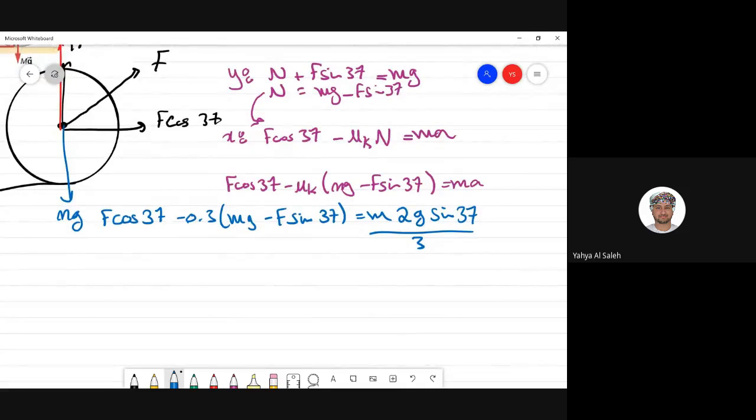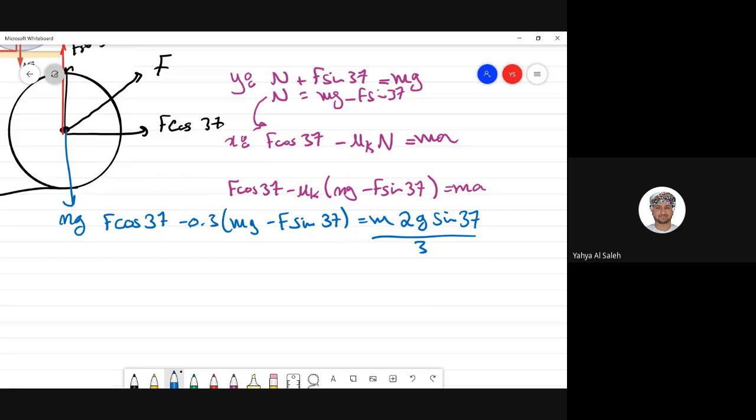So if I rearrange this whole thing, I will get cosine minus sine, cosine plus sine.